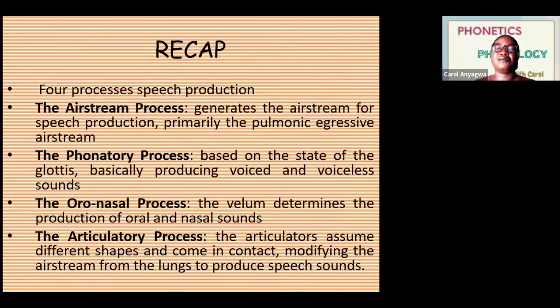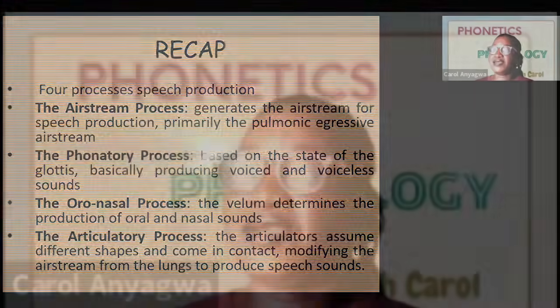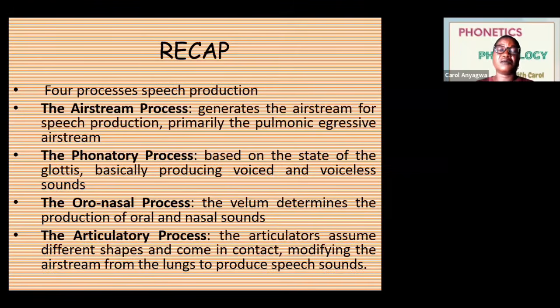I'll recap now. We were able to discuss 4 processes in the speech production process. The airstream process, which generates the airstream for speech production, primarily the pulmonic egressive airstream. Then we talked about the phonatory process, which is based on the state of the glottis, basically producing voiced and voiceless sounds.